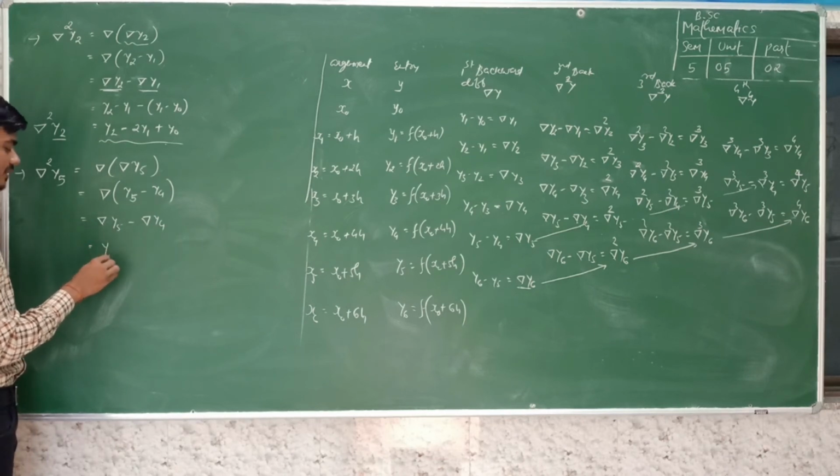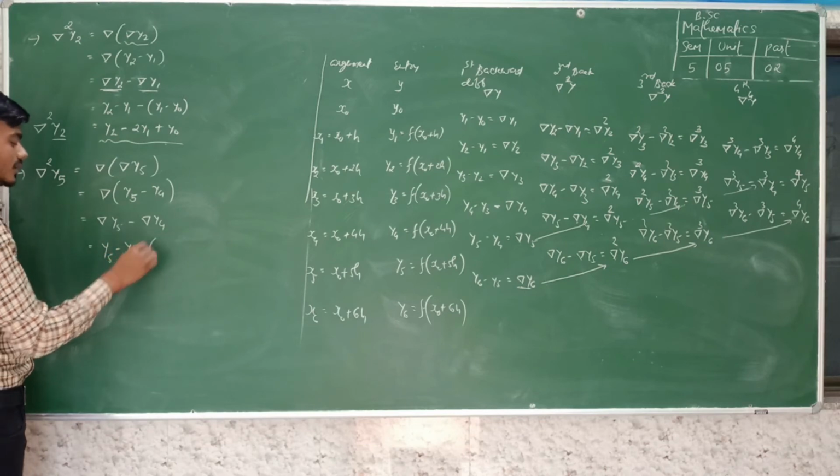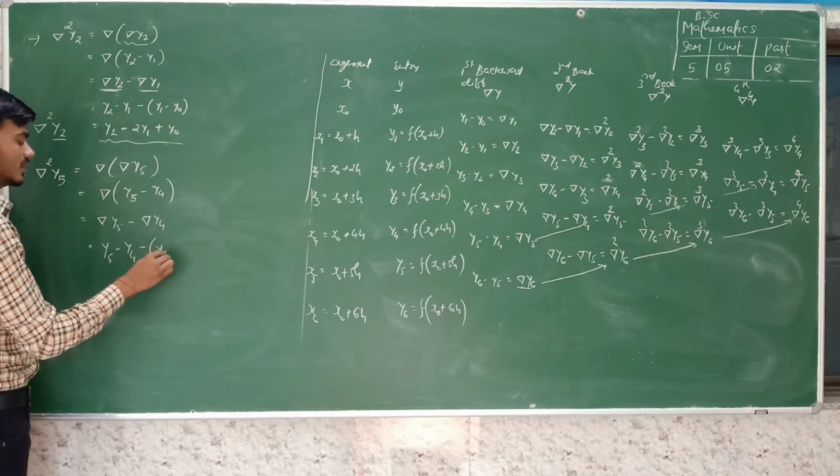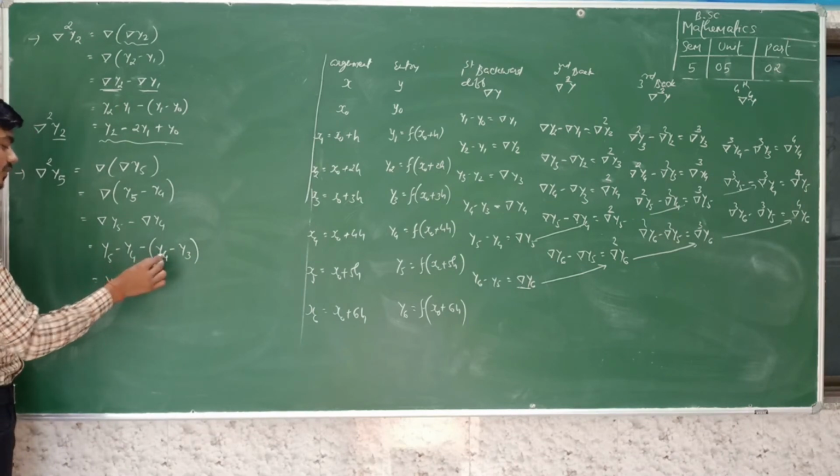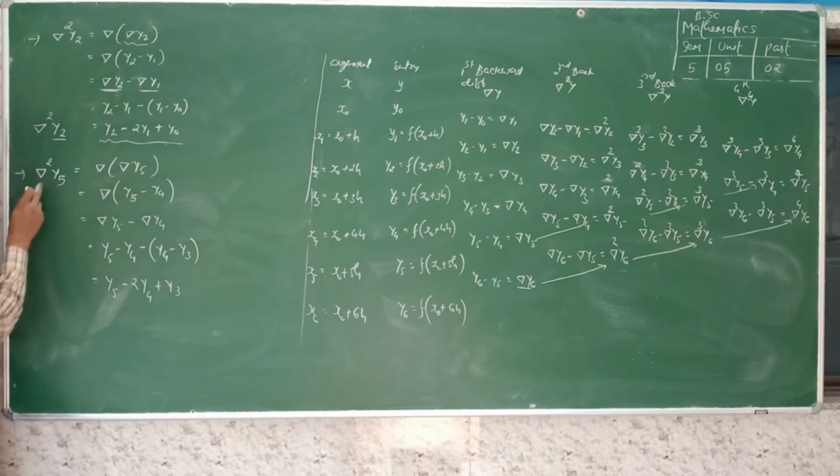Nabla y5 means y5 minus y4, and nabla y4 means y4 minus y3. So y5 minus y4 minus y4 plus y3, that means y5 minus 2y4 plus y3. So here in nabla square y5, y5, one decrease and one decrease.